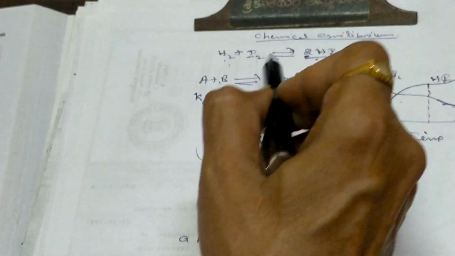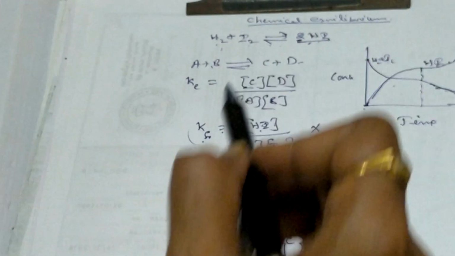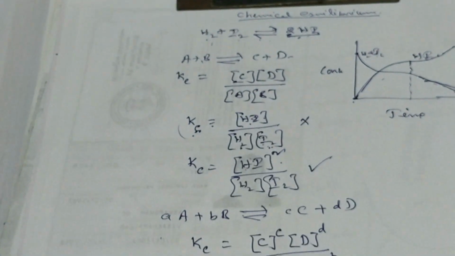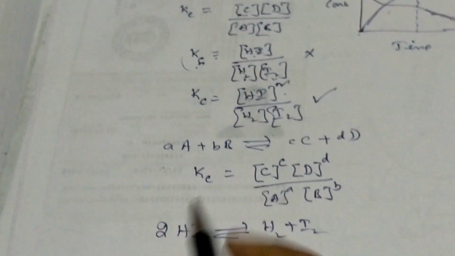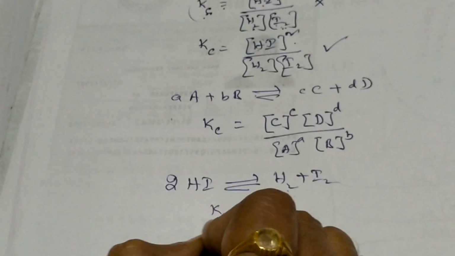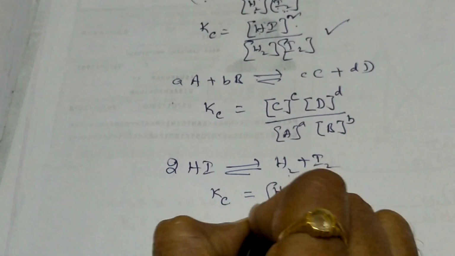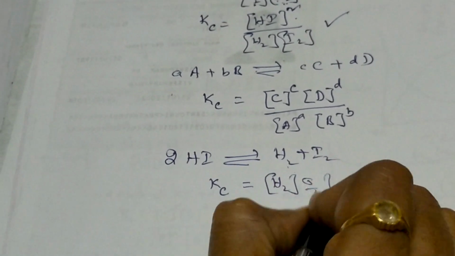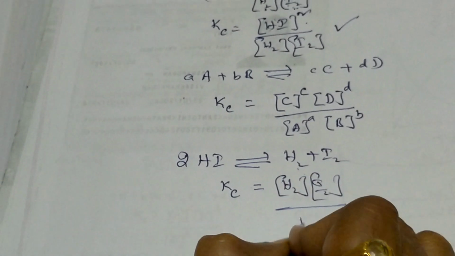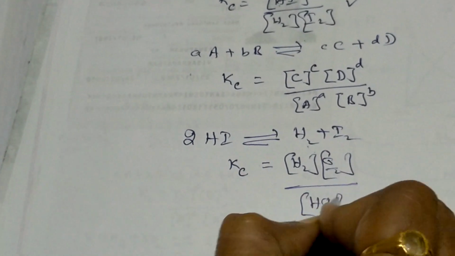Kc for H2 and I2 at the particular temperature giving 2HI is this. Now it will be the reverse. What do we have to write? The Kc for this reaction equals H2 I2 by HI whole square.